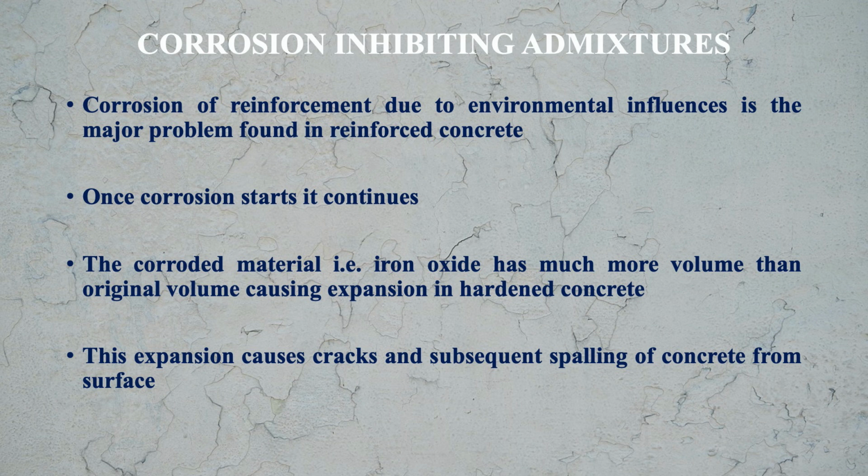And due to this, expansion takes place in the hardened concrete and cracking may occur. So this expansion causes cracks, and subsequent spalling of concrete from surfaces may take place.